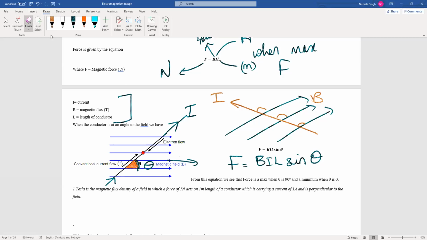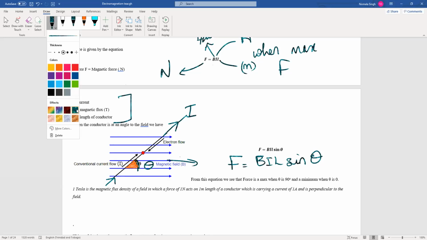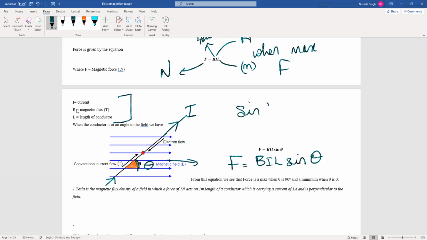Now here we can determine why your force is maximum when theta is 90 degrees. You all work it out, get your calculator and tell me what is sine of 90? That is 1. What is sine of any number below 90? Wouldn't it be a fraction? Yeah. What is sine of any number above 90?